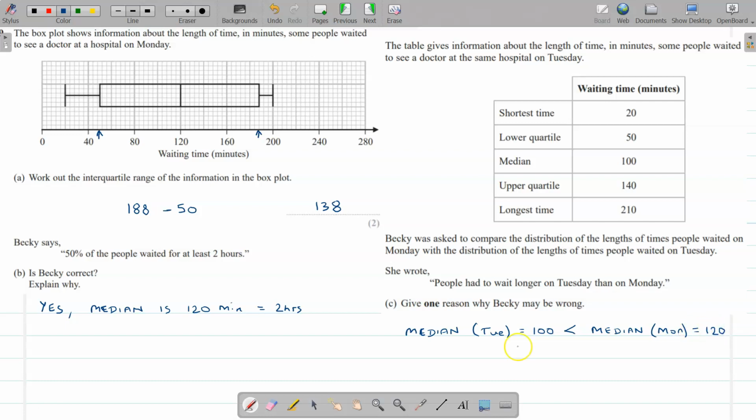And that is definitely all the information that you would need to put to get that answer.